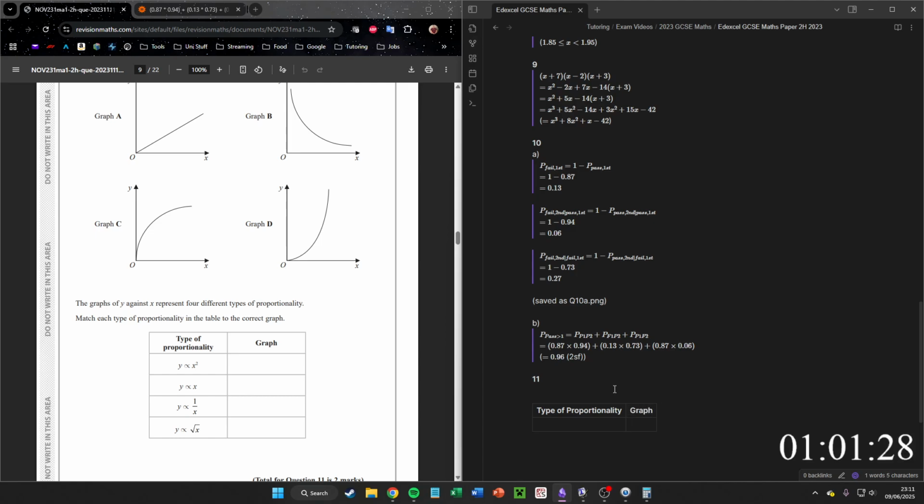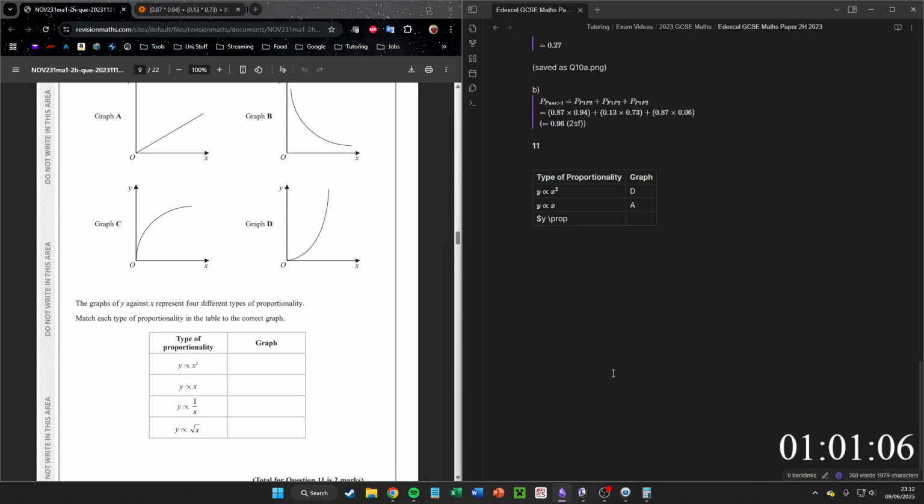So, x squared can only be graph D. So, y proportional to x squared can only be graph D. And then y being proportional to x, as I said before, linear can just be graph A. And y being proportional to 1 over x has to be graph B. And then obviously left over, even if we, I mean, I said log, but obviously I can tell it's wrong.